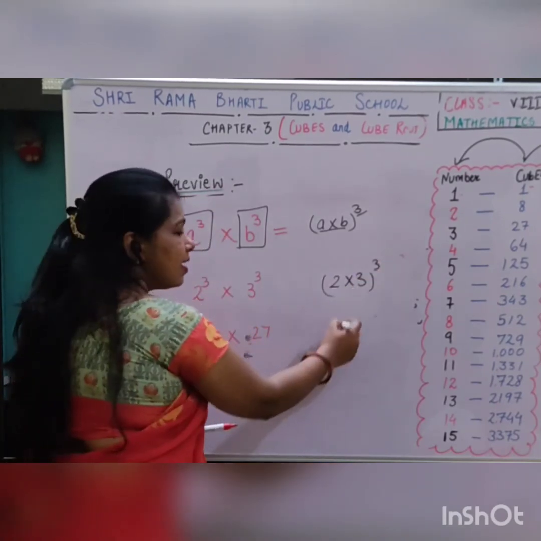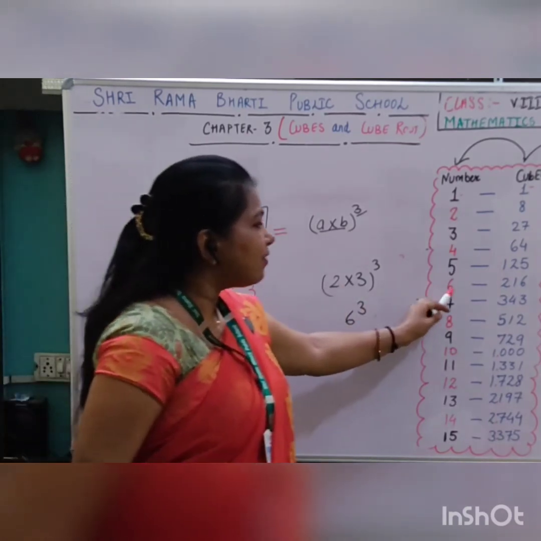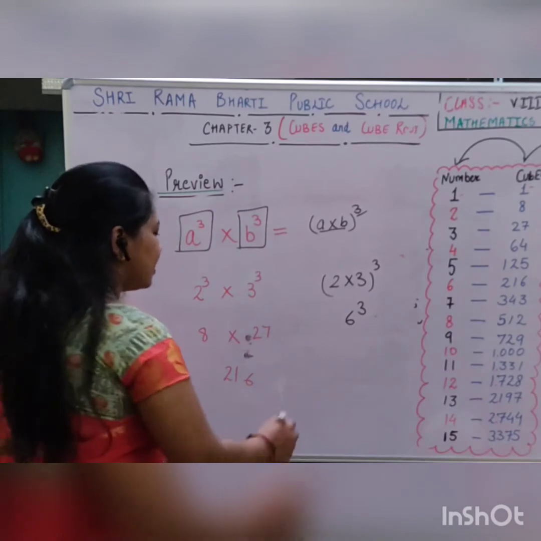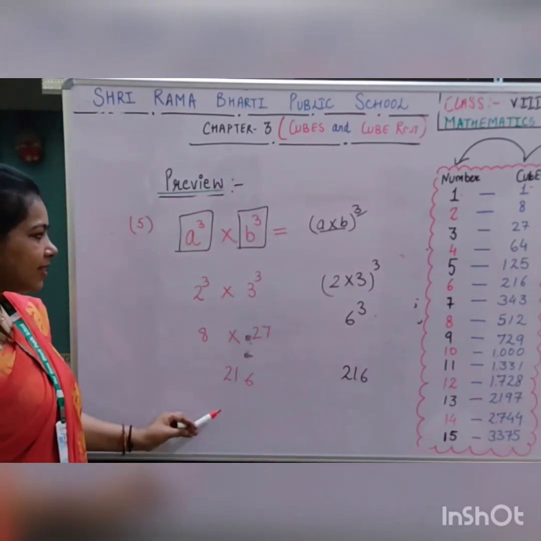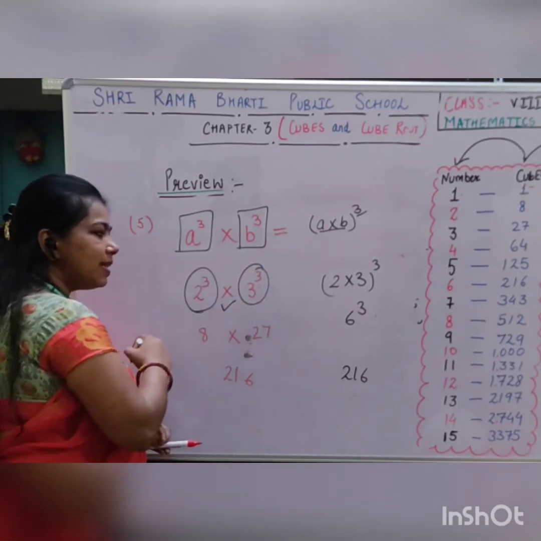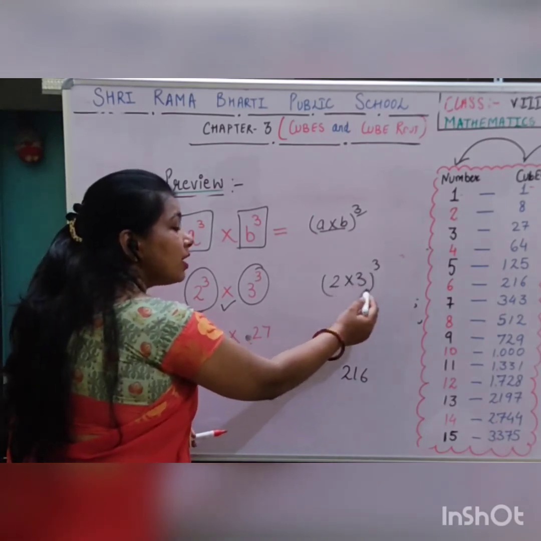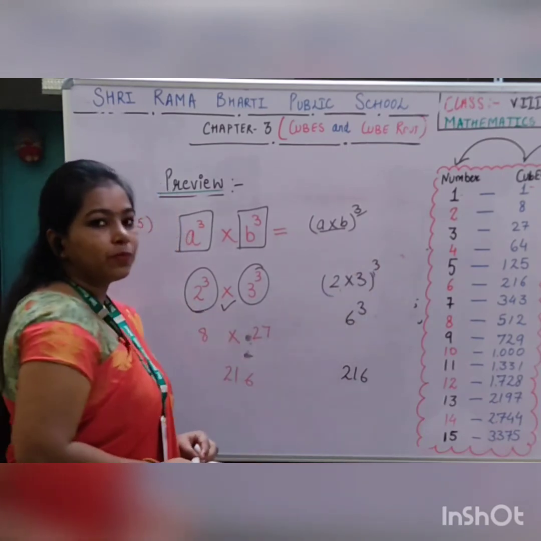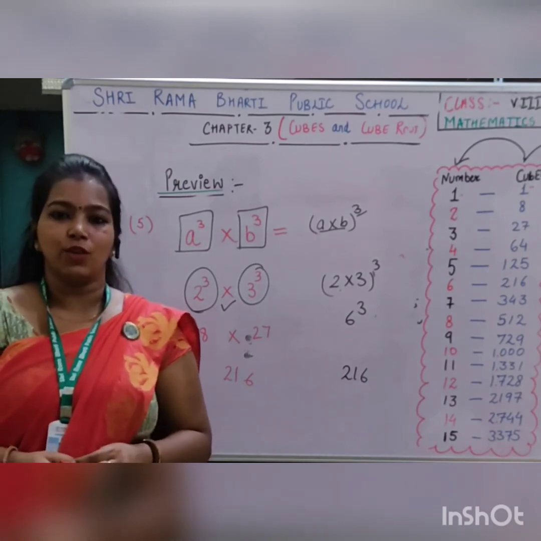So 2 3s are 6 and 6 cube, as we have already written here, is also 216. So the answer will be 216. So here we can see that the cubes of numbers when multiplied will be the same as the cube of the product of the numbers. So these are the properties of cubes.